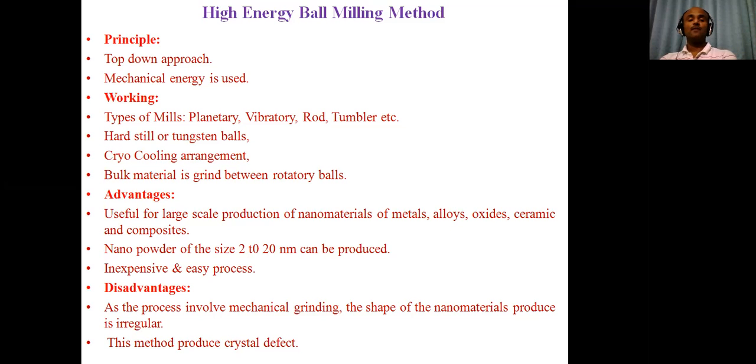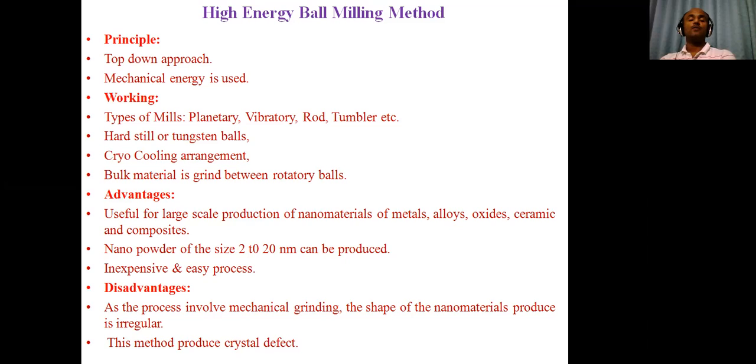Now working: we have different mills in this high energy ball milling method. We have different mills such as planetary, rotatory, vibratory, rod, or tumbler type. And all these mills have a hard steel or tungsten ball as an important component.